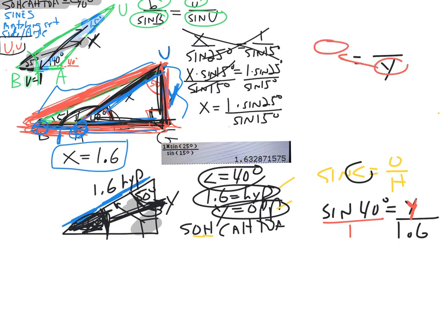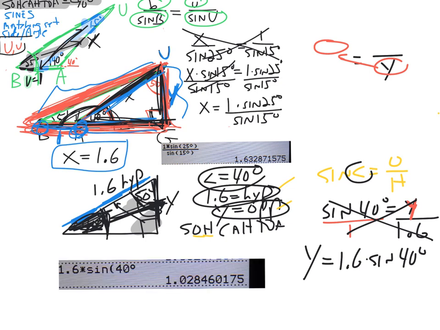But here I'm not, because y is in the numerator. So I have 1 times y, which is y. That equals 1.6 times the sine of 40. So if I do that on my calculator, I'll get the actual height of this UFO. And since it's the side of a triangle, we're going to round to the nearest tenth, which looks like it's going to be 1.0. So this UFO is 1.0 miles off the ground.